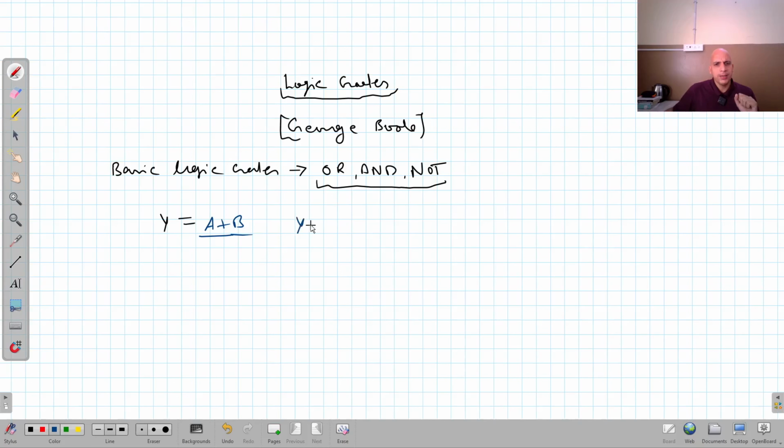Similarly, AND: Y is equal to A and B. NOT means Y is equal to A not, only one input. Here we can have two or more inputs, but the NOT gate has only one input, and the output is the inversion of that input. So these are three basic logic gates, and we know the output equation according to the Boolean logic for these gates.